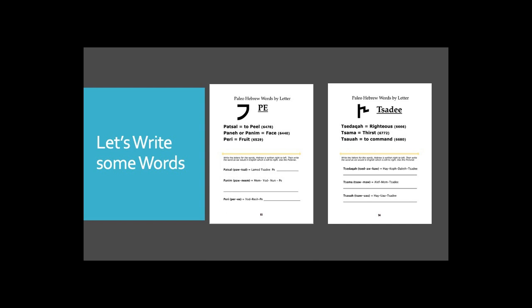And please recall that all of the Strong's numbers that I use are found in the Hebrew section of Strong's vast database. I personally like to use BibleHub.com to look up words in the Hebrew section of Strong's. We spell Patsal, Pei, Tazi, Lamed. So you get an opportunity to use both of your new letters, Pei, Tazi, and Lamed.